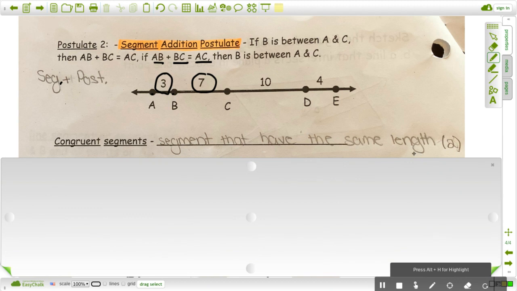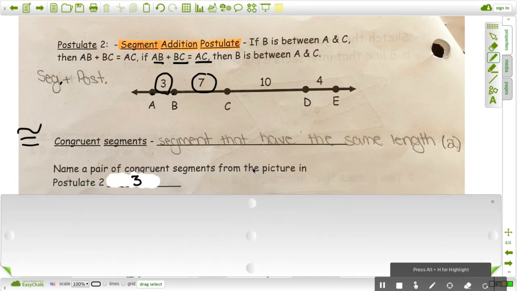You'll see what I mean in a while. And there's a specific symbol for congruency. It is an equal to sign with a squiggle on top. It's not a perfect one, but it still works. Now let's move on. Name a pair of congruent segments from the picture in postulate 2.